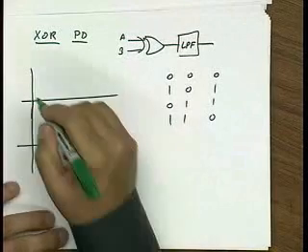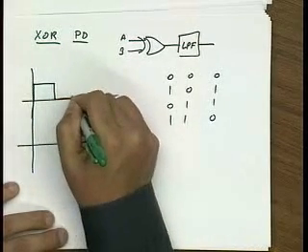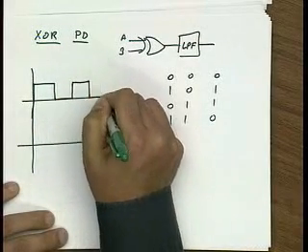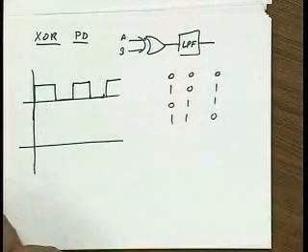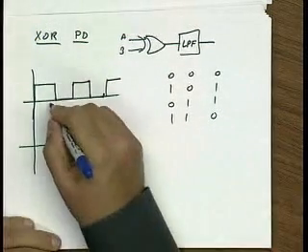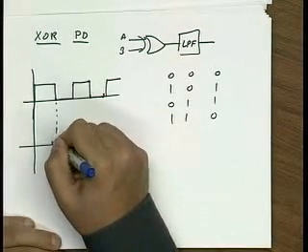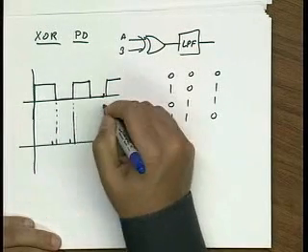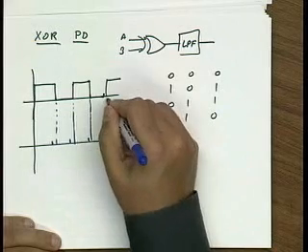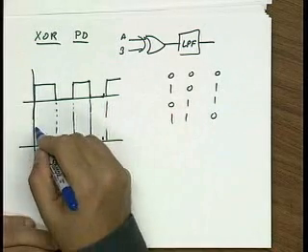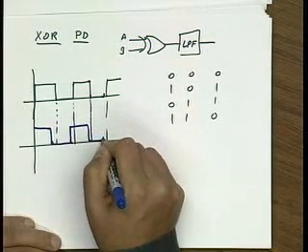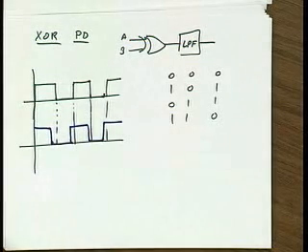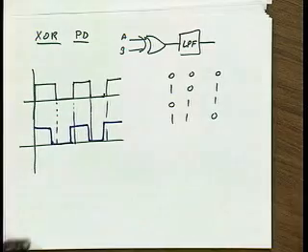So let's draw two waveforms. Let's say you have a square wave, 50% duty cycle coming in like this, and let's say you just have a phase shifted version. So let's say that this version is leading by just a bit, right?